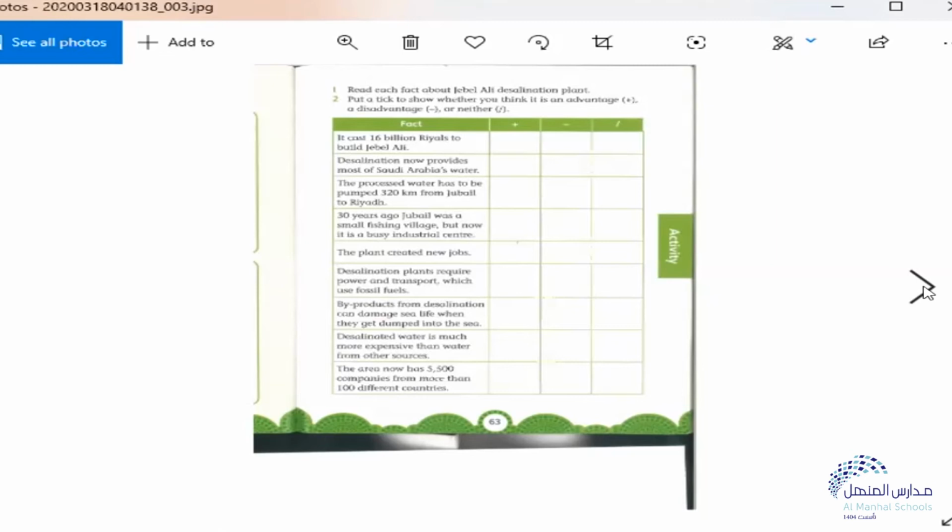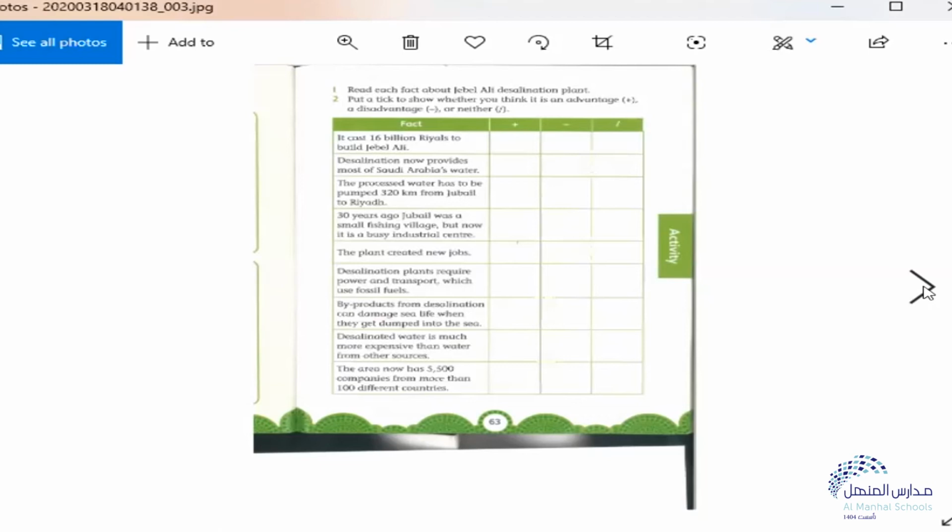So it's a plus, you get water here, but the minus is that it's very far. Anything can happen to the pipes or the underground tunnels, and then we won't get water. So it's a minus and a plus. That's number three.